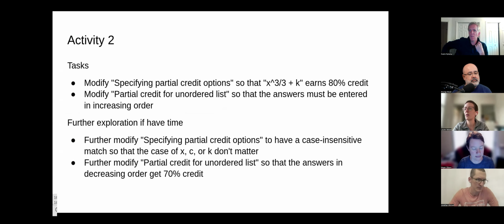Then you can further try to figure out how to make it case insensitive, if you have more time, or to give 70% credit if the answer is in the wrong order.